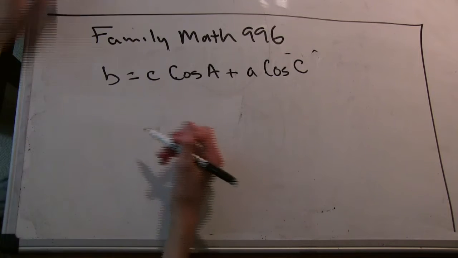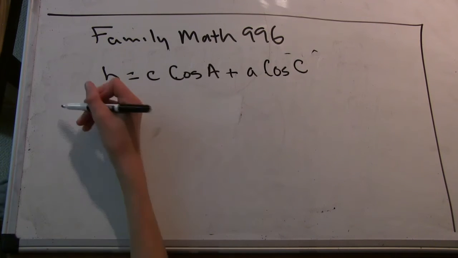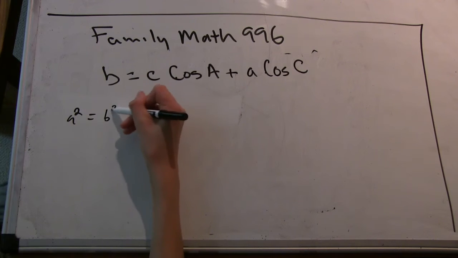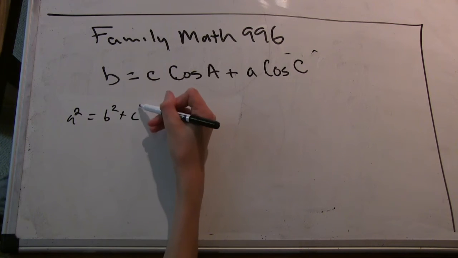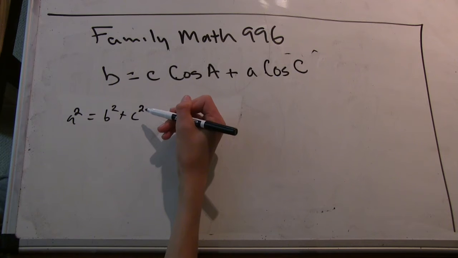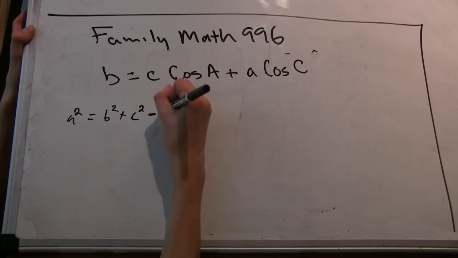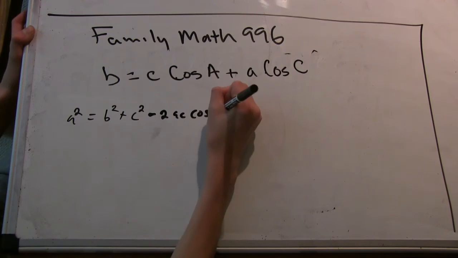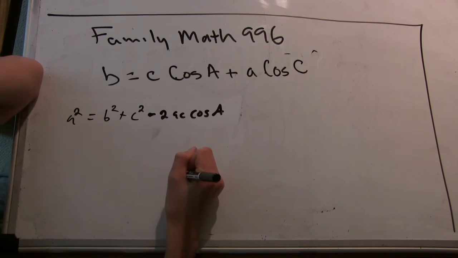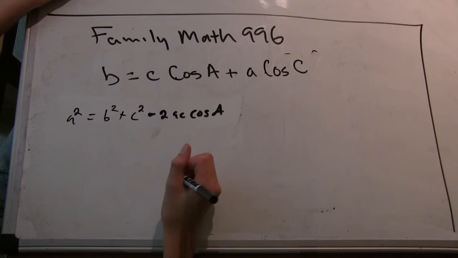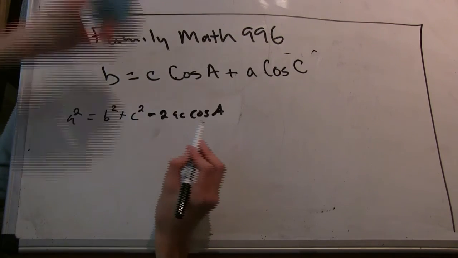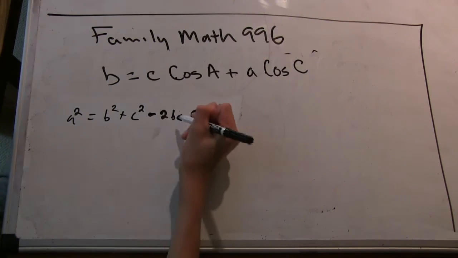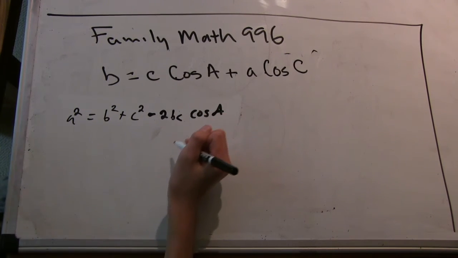Okay. So if we're trying to find cosine A, that means a squared is b squared plus c squared minus 2bc cosine A. Let's see.